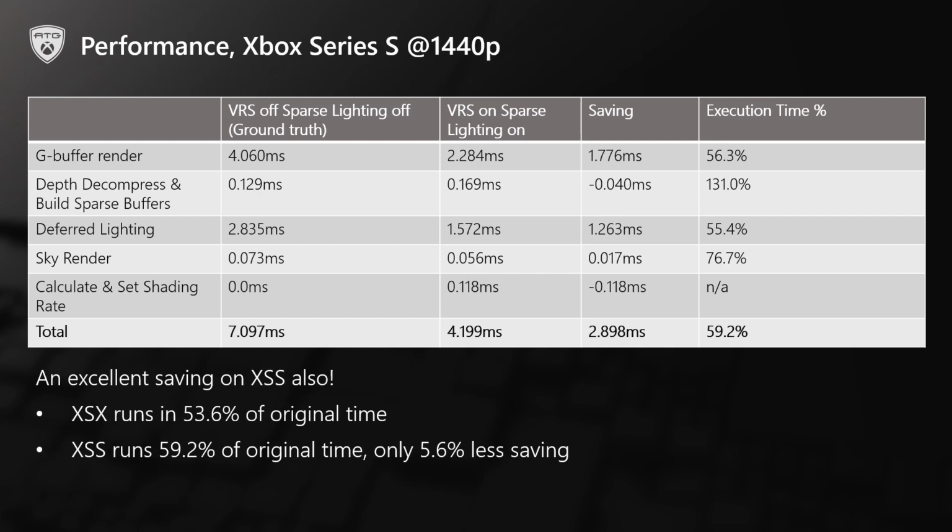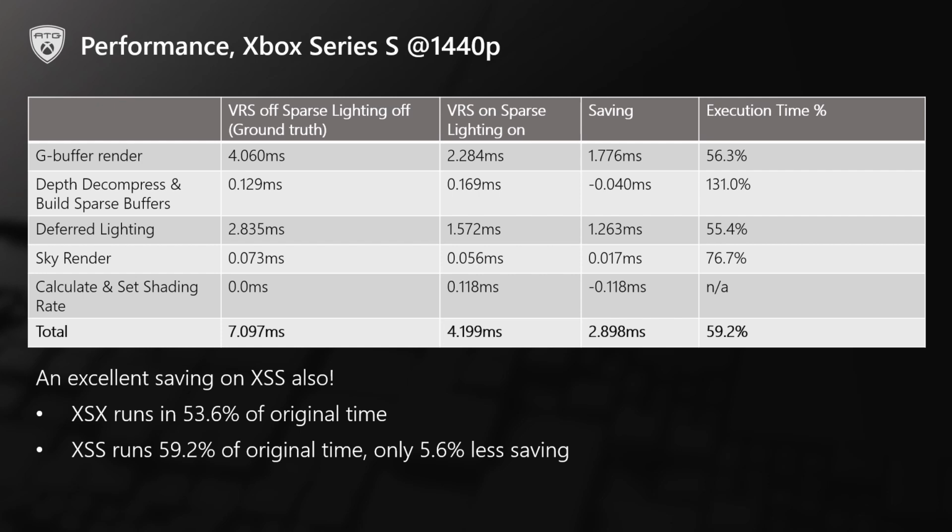So the story is similar on Xbox Series S at 1440p, and the major caveat here is that I'm rendering the exact same content, the exact same mesh LODs, and this is not something a real game would do. You would reduce your mesh LODs for the lower resolution, so we don't get quite as much of a win from variable rate shading because the triangle sizes are smaller.